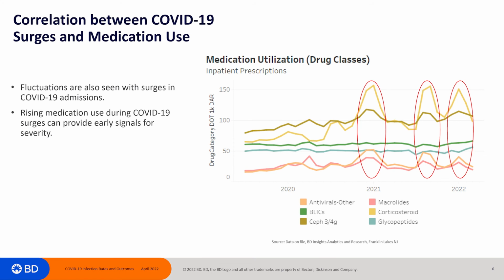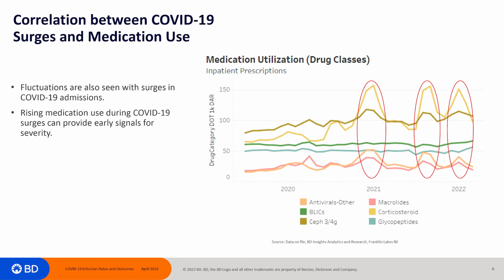And what we found is, in the graph on the right that you see, especially with those elongated circles, are the three recent waves of COVID. So the 2022 wave is the Omicron wave, the middle circle is the Delta wave, and then the winter wave from the 2021 surge that we saw. And you can see here that we're also seeing fluctuations in use of certain medications on the inpatient side.